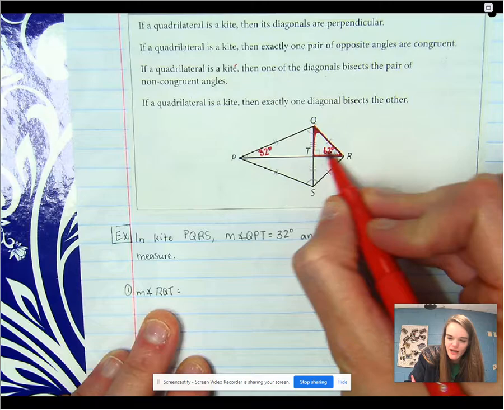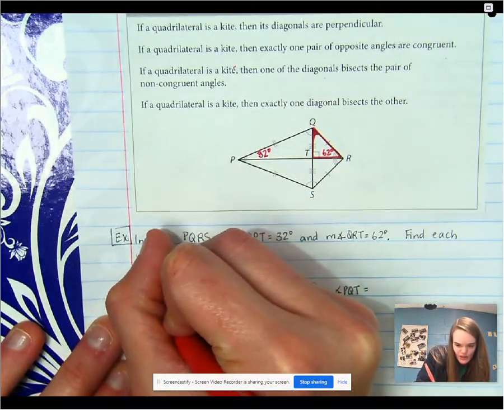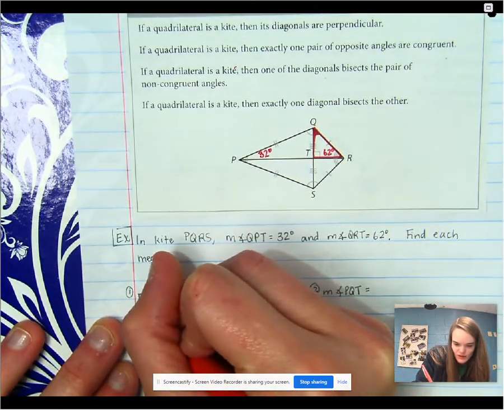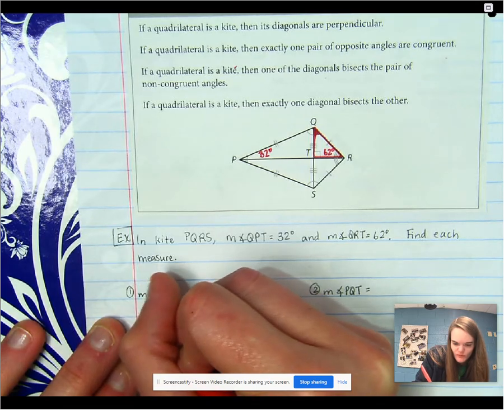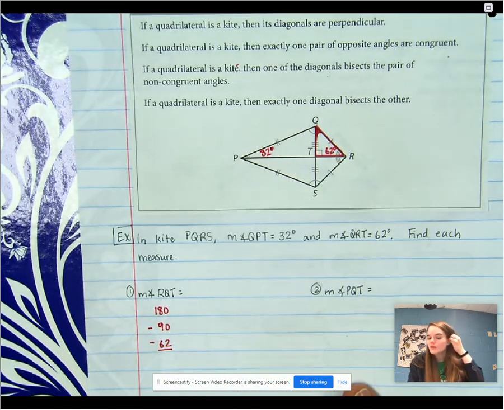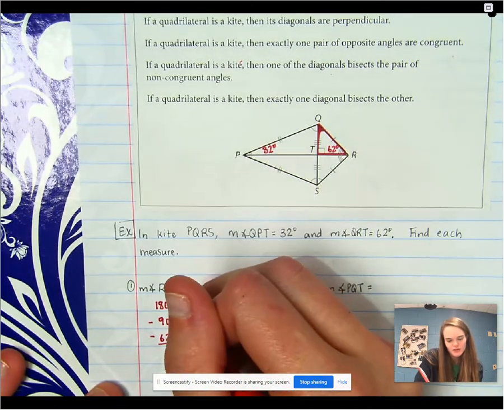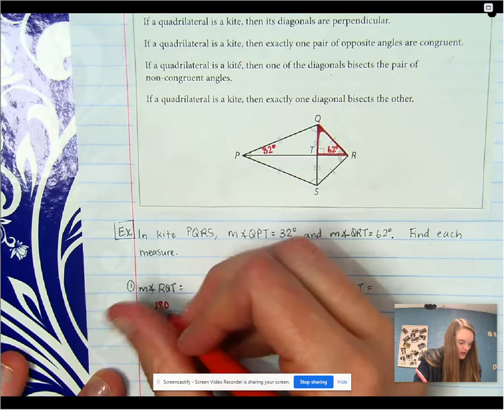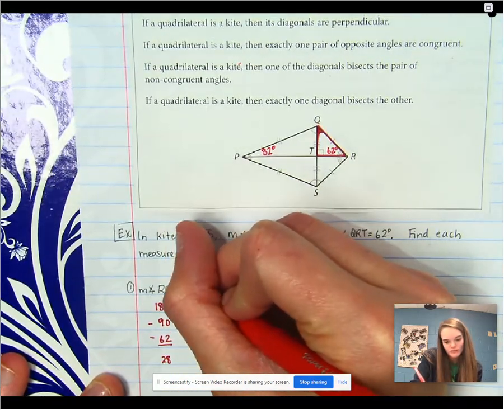We have a 90-degree angle and a 62-degree angle. So RQT is 180 minus 90 minus 62. That will give me RQT. 90 minus 62 is 28. So 28 degrees.